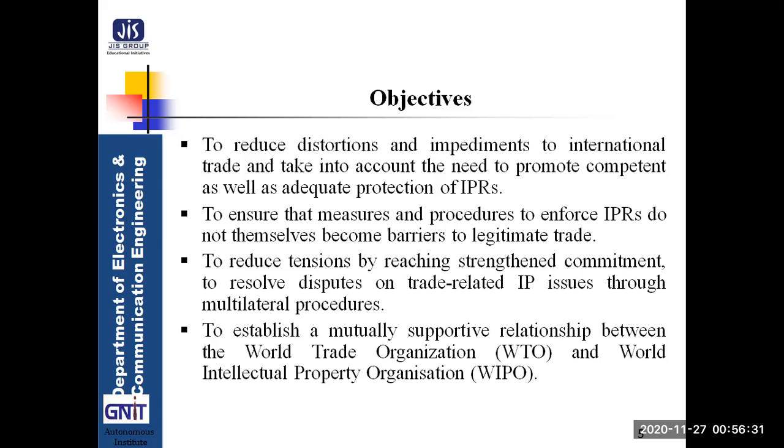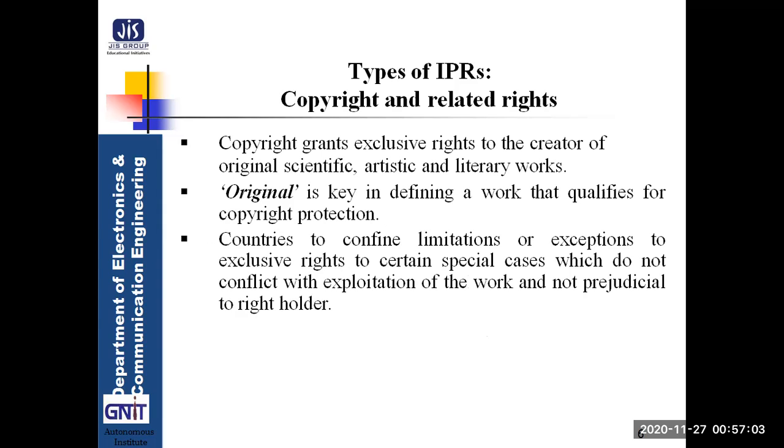Secondly, to ensure that measures and procedures to enforce IPRs do not themselves become barriers to legitimate trade. Thirdly, to reduce tensions by reaching strengthened commitment to resolve disputes on trade-related IP issues through multilateral procedures. And to establish a mutually supportive relationship between the World Trade Organization and the World Intellectual Property Organization.